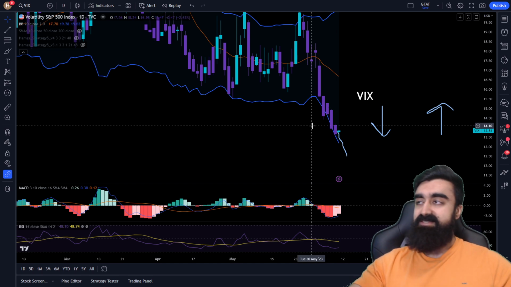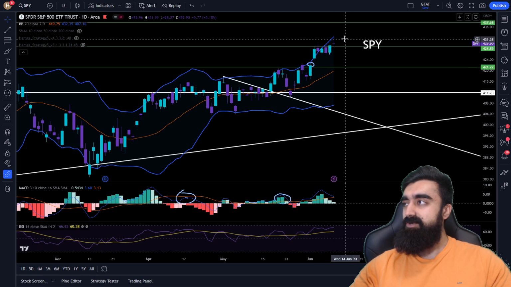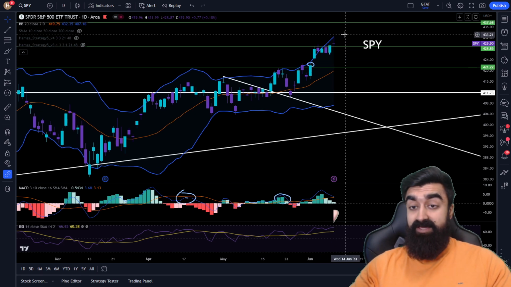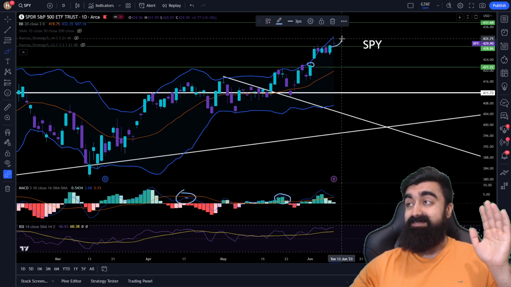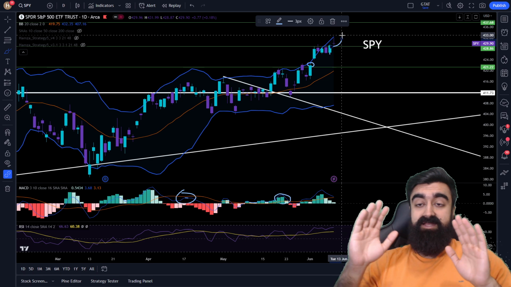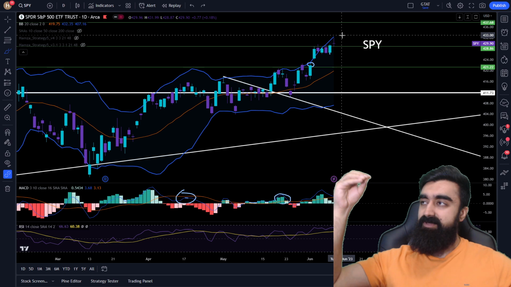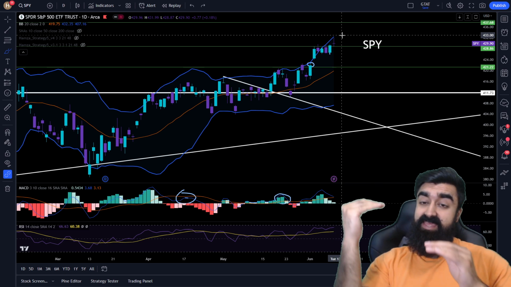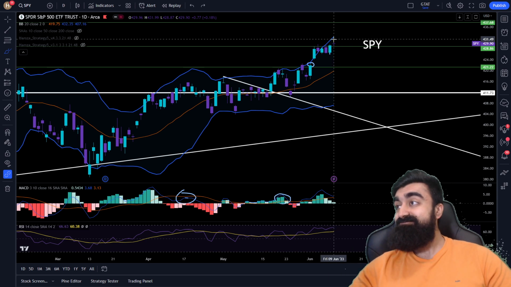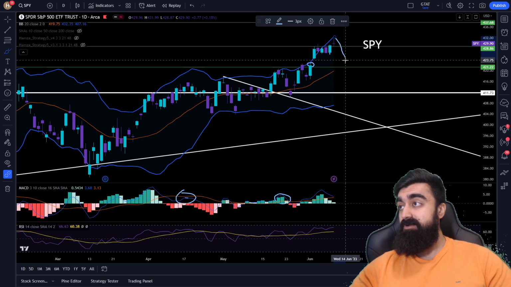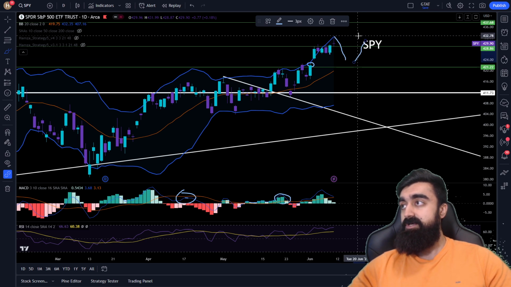It's interesting that this is happening on the VIX because we have a sort of indecision reversal candle on the SPY. Now, this could be a top, right? It's not a guarantee that this is a top, but when the SPY is making a bit of a reversal candle at resistance, and when the VIX is showing some sort of support, it could mean that the SPY is going to fall, and obviously that also means that the VIX is going to bounce.